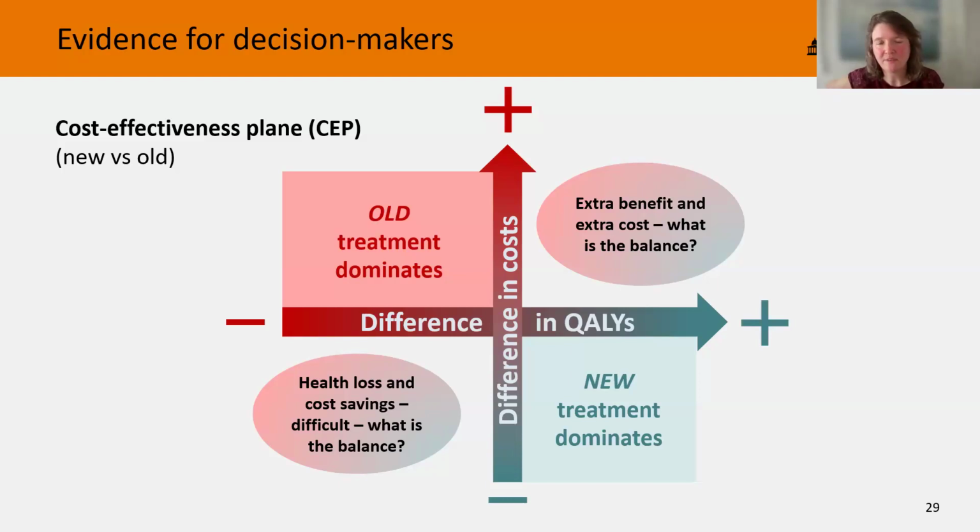And again, this is a kind of a sort of social and political question of whether it's acceptable to have a health loss for cost savings. Because there is an opportunity cost. If you have cost savings, you can spend them elsewhere and have a net gain in health. But the people currently getting whatever the old treatment is might not be so keen to give it up.